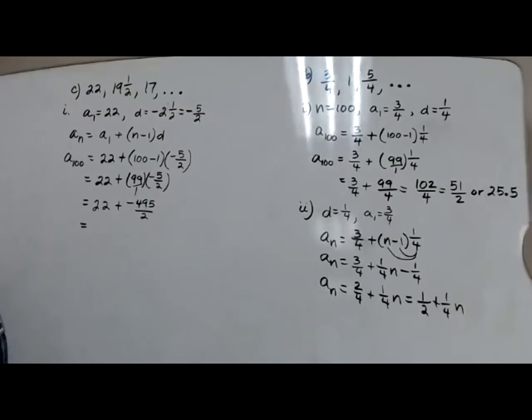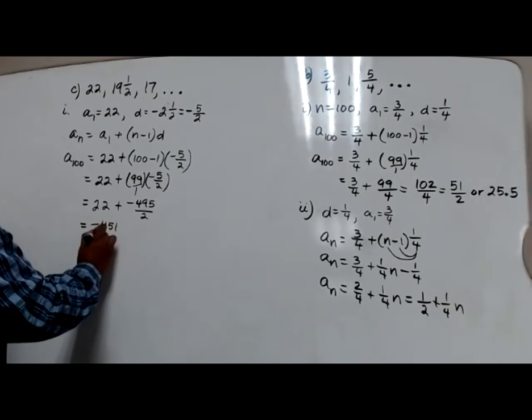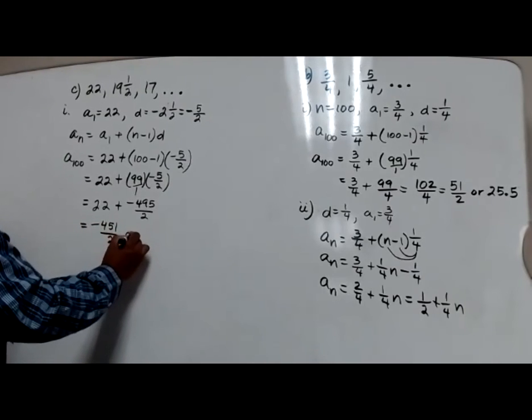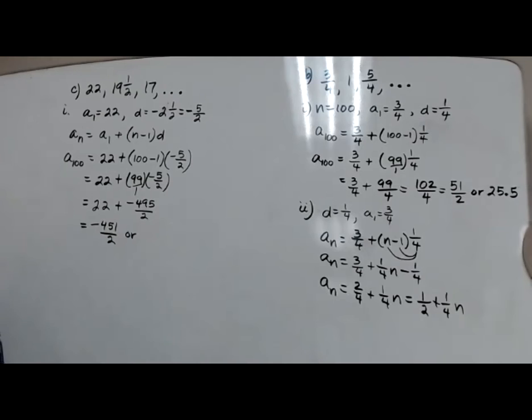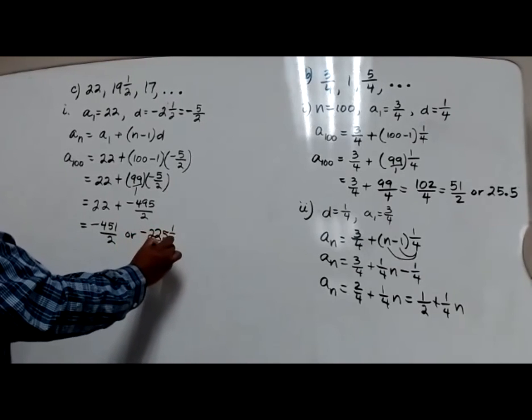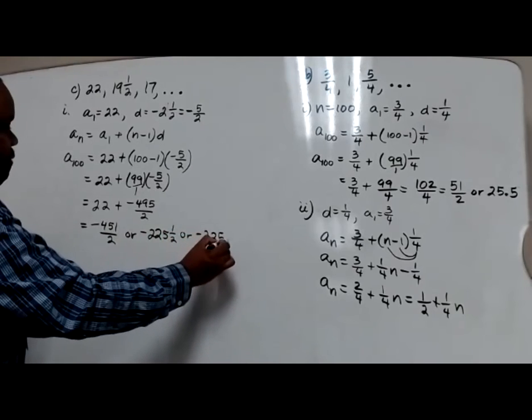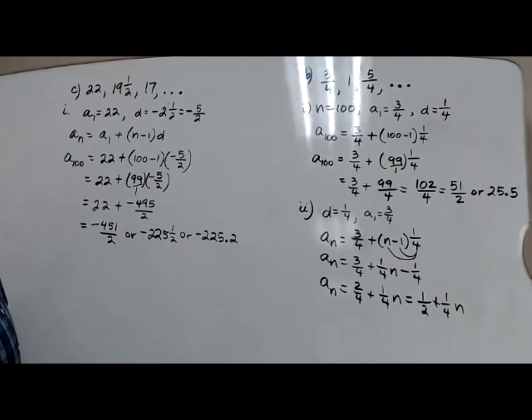This is what it's going to be as an improper fraction: -451 over 2. Also, you can write that as -225 and 1/2, or you can write that as -225.2.